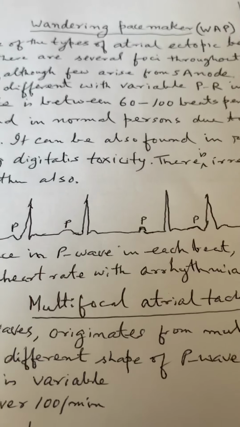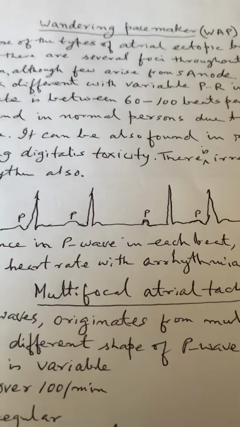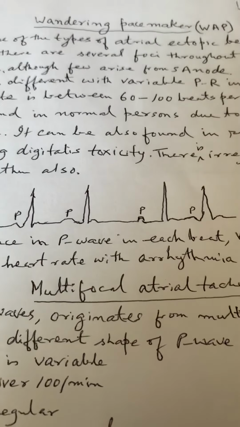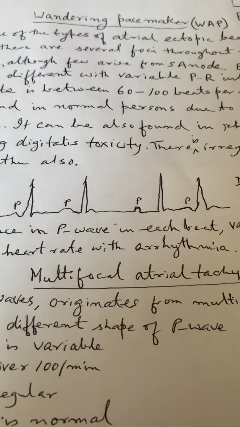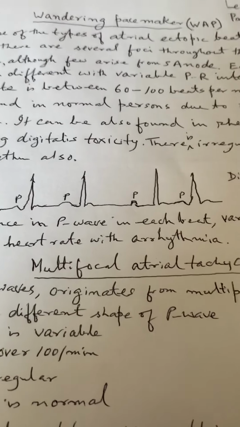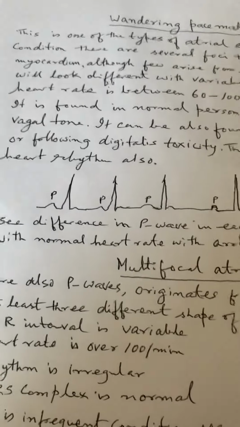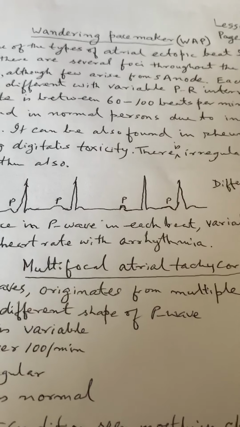Now, as the name suggests, the pacemaker cells are wandering, changing focus in different parts of the atrium. So the foci are wandering in the atrial cavity.